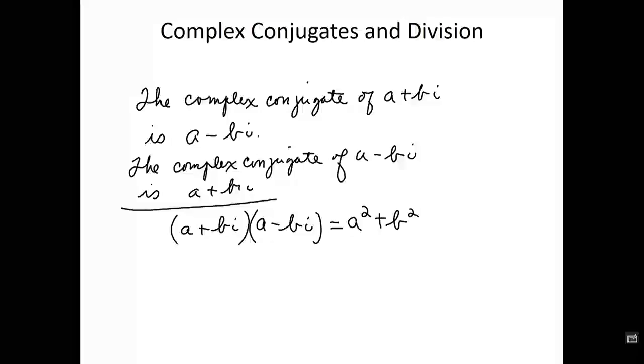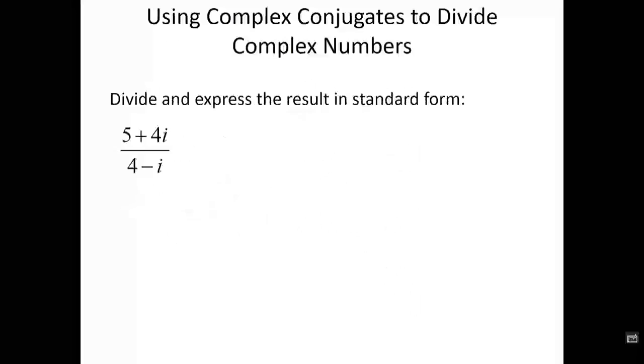And a squared plus b squared is a real number. So in this example, we will divide and express the result in standard form. As I said before, the goal is to obtain a real number in the denominator.